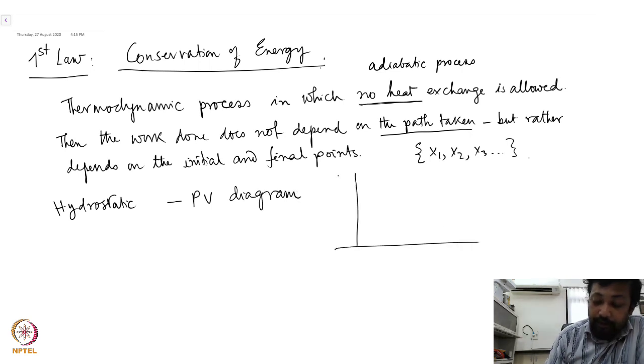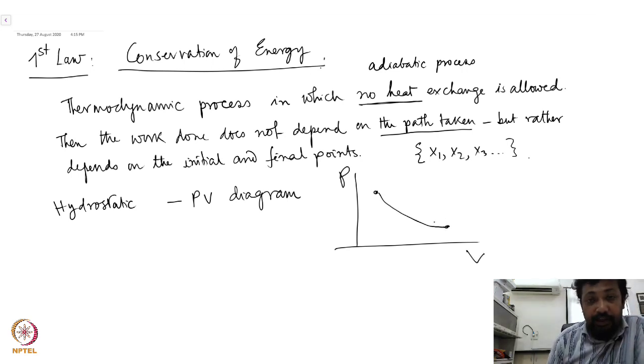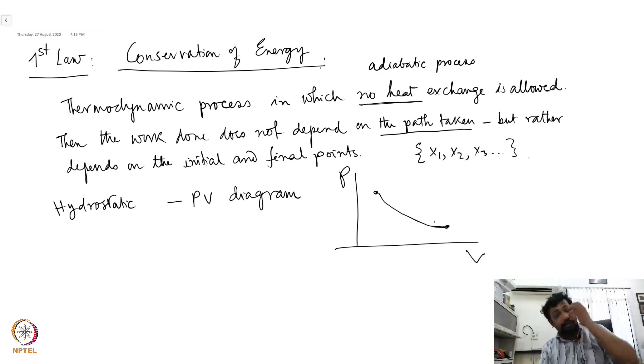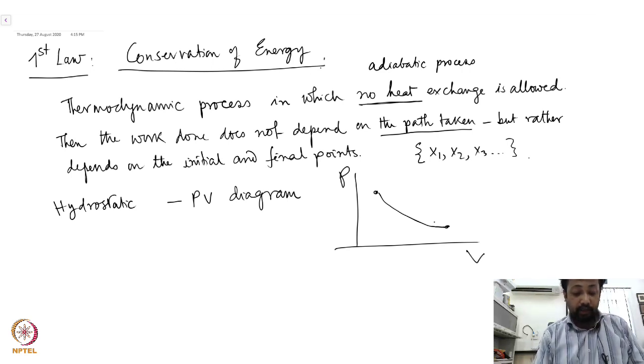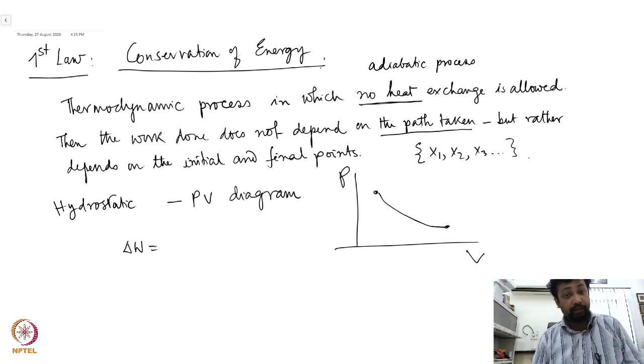In the PV diagram, if I take the system from one point to another, and if it's an adiabatic process, which means there is no heat that is allowed to be exchanged with the environment, then it follows the work done, delta W, does not depend on the path that you have taken, but it only depends on the initial and the final point.